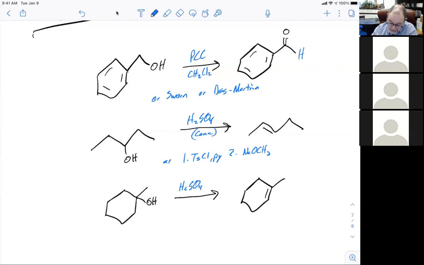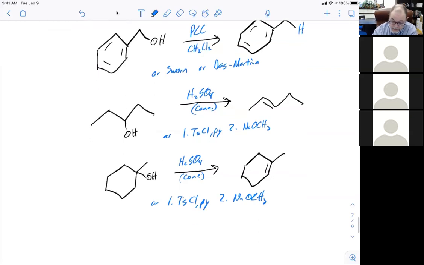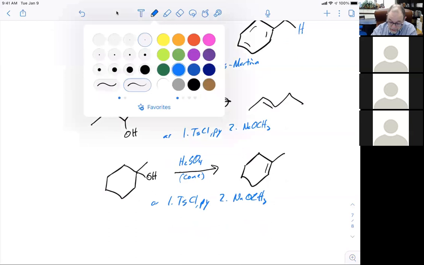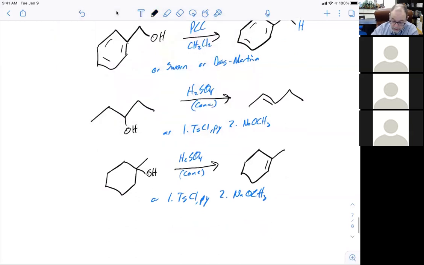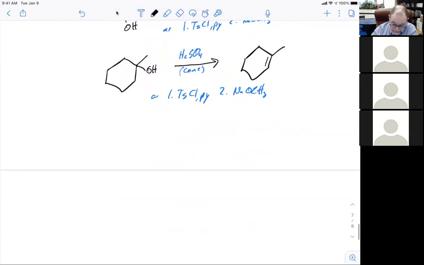I guess I didn't make these very challenging. Or we could have done the tosyl chloride and pyridine, but in this case, we do need to make sure that we use a smaller base. You don't want a sterically hindered base here, or you end up with the Hofmann elimination products. Okay. All right, now let's do some where I give you the reagents and you give me the products.